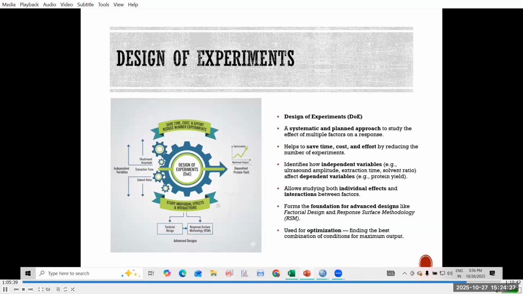For this design of experiment, we'll go for the Design-Expert software. It is another statistical software, where we will check how multiple factors or independent variables affect the dependent variable significantly or not.